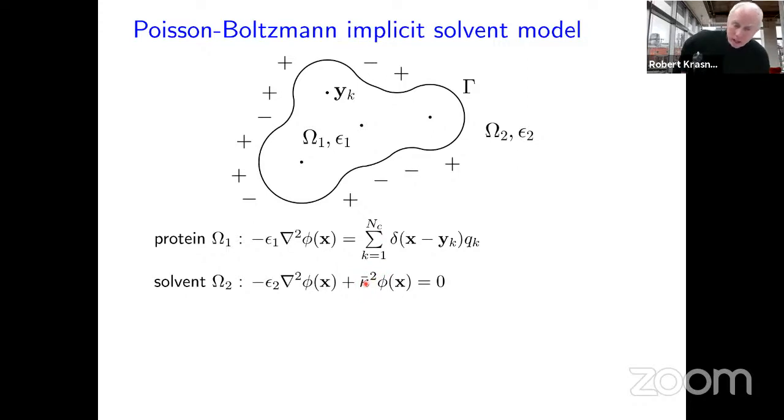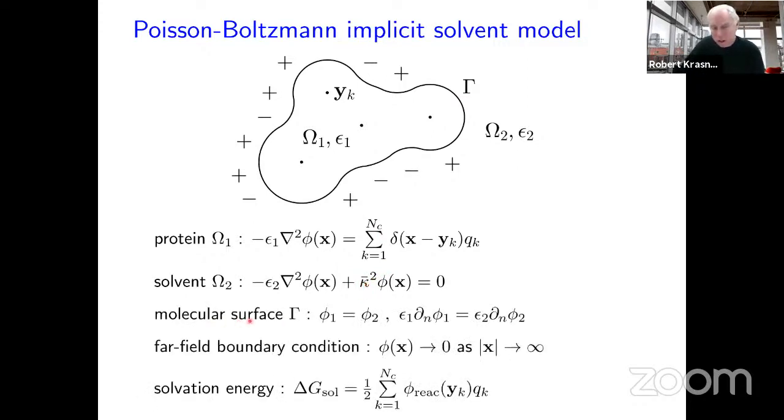Now, we have other conditions to satisfy. So on the molecular surface, we have continuity of the potential. So the limit of the potential approaching gamma on either side must be the same. And the electric displacement is the same as well. This is the normal derivative, okay? We have a far-field boundary condition that the potential vanishes.